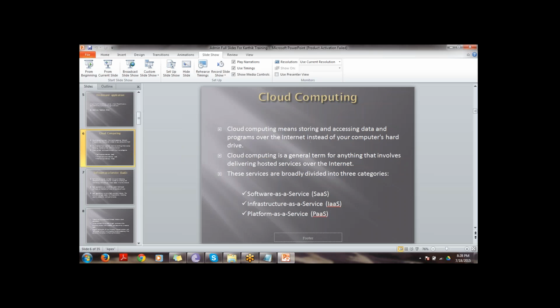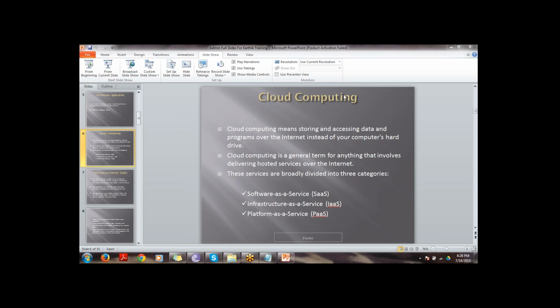And cloud computing mainly depends on these three terms: software as a service, platform as a service, and infrastructure as a service. Guys, 99% you will get this interview question. See, first of all, what is meant by cloud computing?